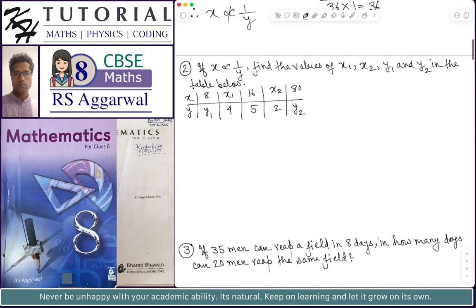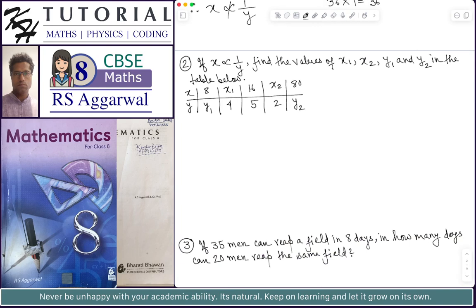Problem number 2. If it is given that x varies inversely with y, then find the values of x1, x2, y1 and y2 in the table below. Since x and y are inversely related to each other, the product of the corresponding values must be equal.